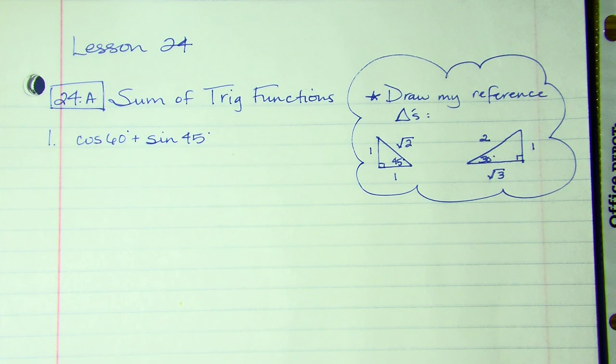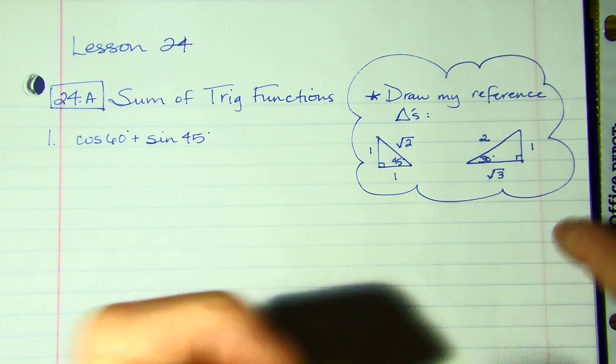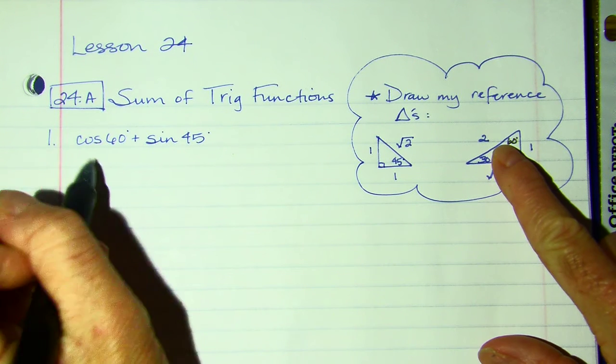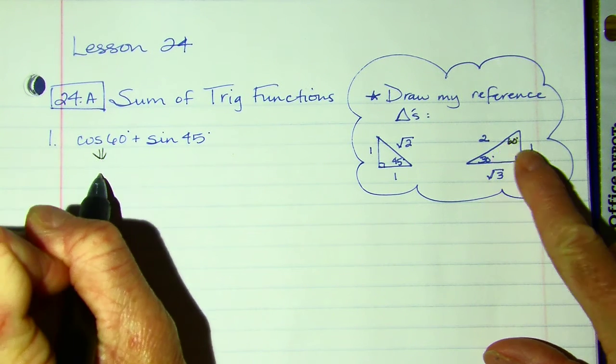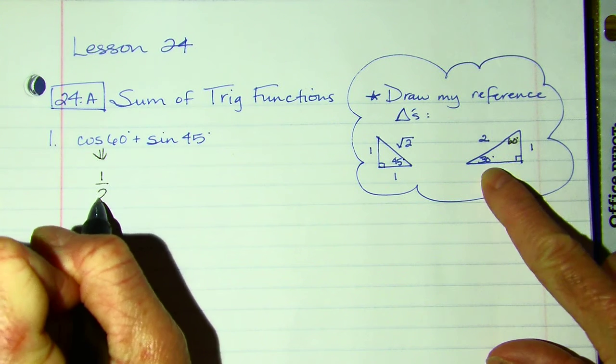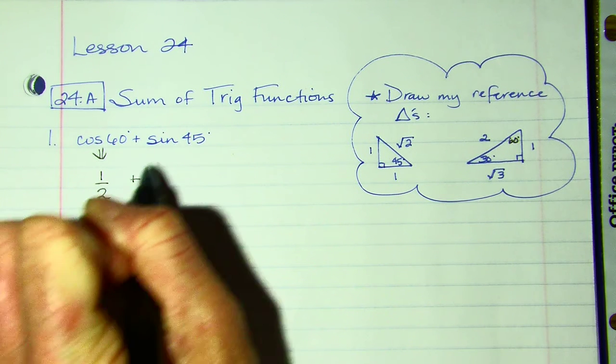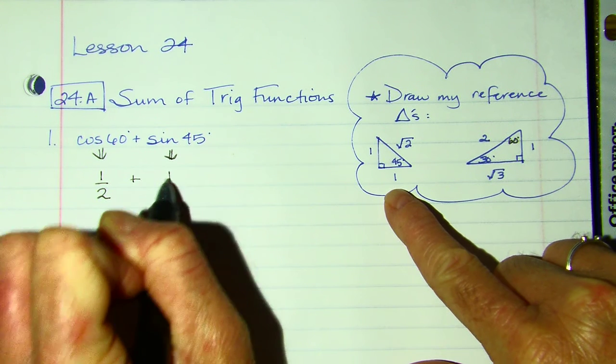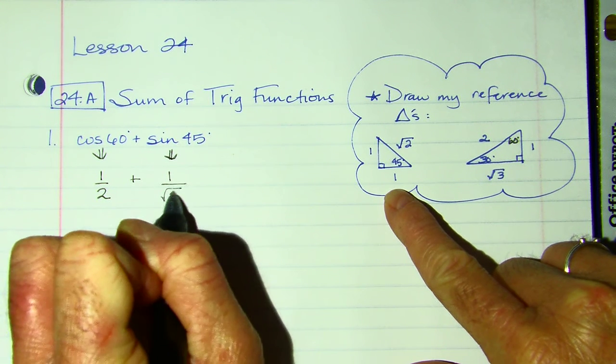So the cosine of 60 degrees would be, here is 60, cosine is adjacent over hypotenuse. And then plus sine of 45, doesn't matter which 45 you use, either way it's 1 over root 2.